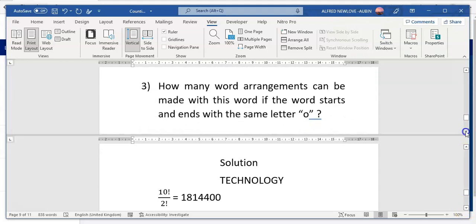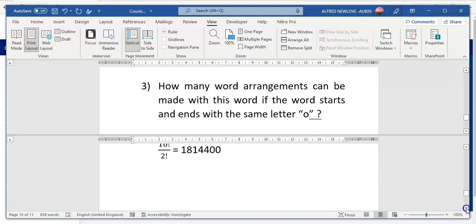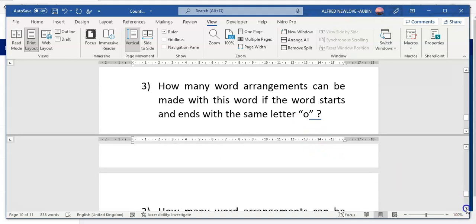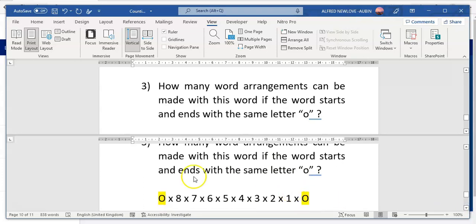Our next question is, how many word arrangements can be made with this word if the word starts and ends with the same letter O? Wow. So it means it's supposed to start with O and end with O. We have 2 O's there, remember. Technology.